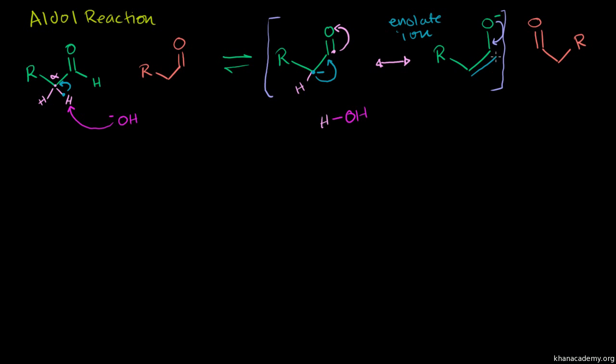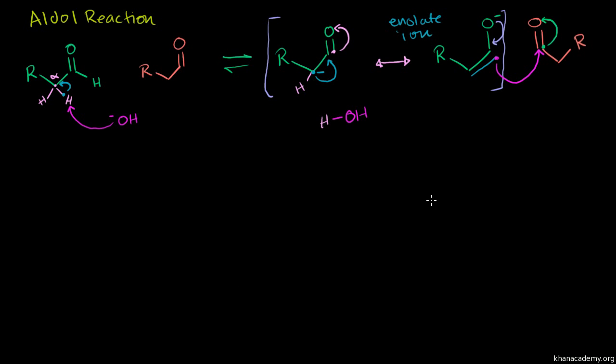And when that happens, then this guy is going to be giving up an electron, and that electron that he gives up, let me do it in a new color, could go and do a nucleophilic attack on this carbonyl group. And so if that carbonyl carbon gets, let me do this in a new color, an electron, then it could give away an electron to that oxygen right up there.